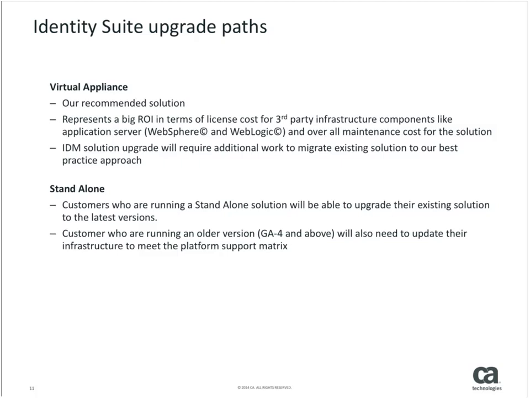So for example, if you have a provisioning server running on Windows 2008 R2 today, starting from version 14, we actually require that you run it on 2012 R2. We understand that will require a little bit more changes, but we are willing to support you in terms of how to do that and what needs to be done in order to move the data from the old version to the new version.